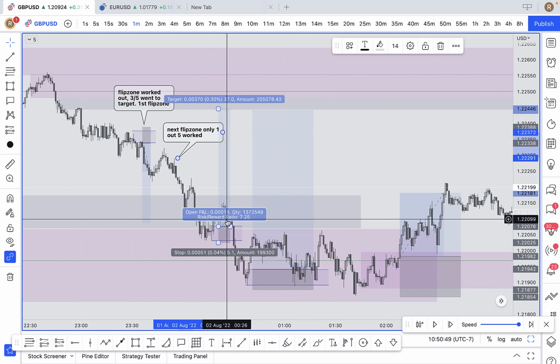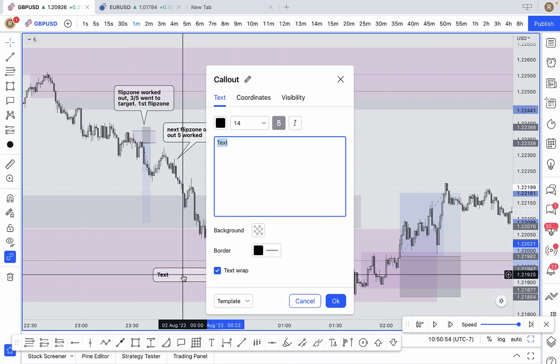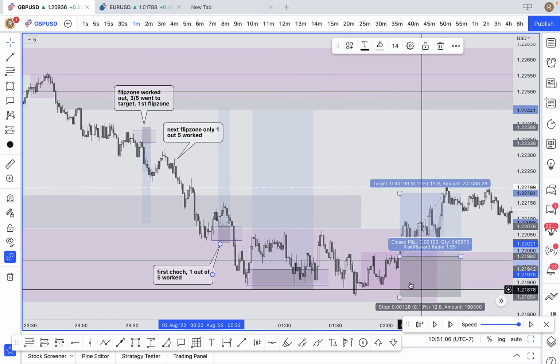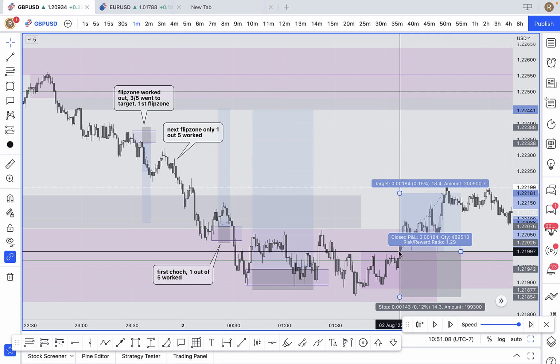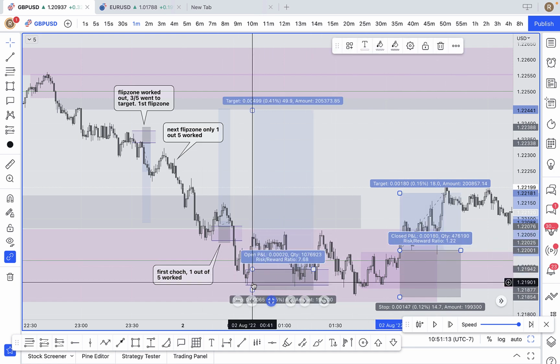Okay, so I know statistically I don't want to be in these, and this is just an example, guys, of what I do. Now, statistically, we could say first chalk, 1 out of 5 worked. And the way I trade now, I would have actually been in that because I actually cover imbalance now, but not the purpose of this video.